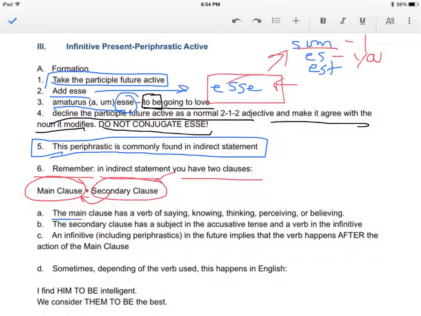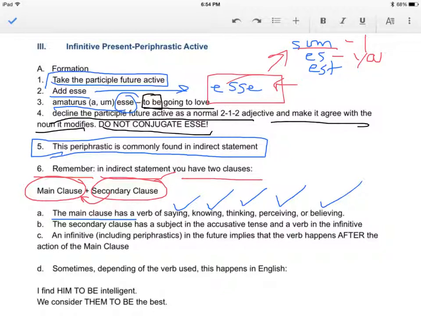In the main clause, there's going to be a verb of saying, knowing, thinking, perceiving, or believing. For example, I believe that he is very intelligent, or I know that he is the best one on the team, or I think that this is the best day of my life, or I perceive some noises in the background.